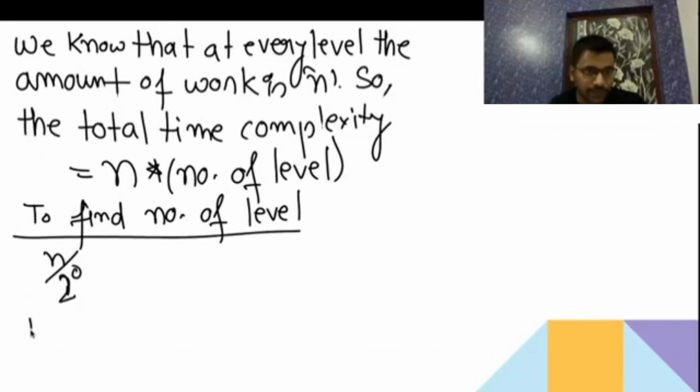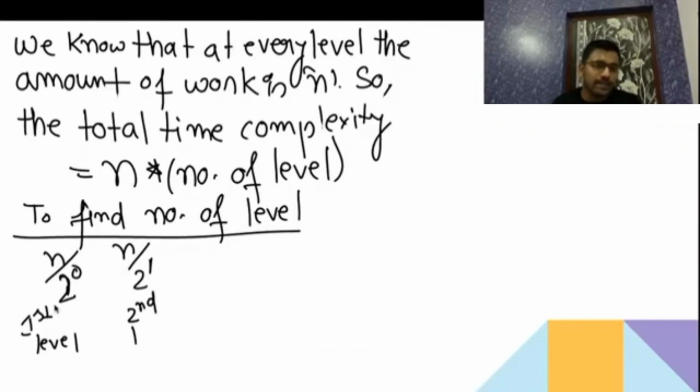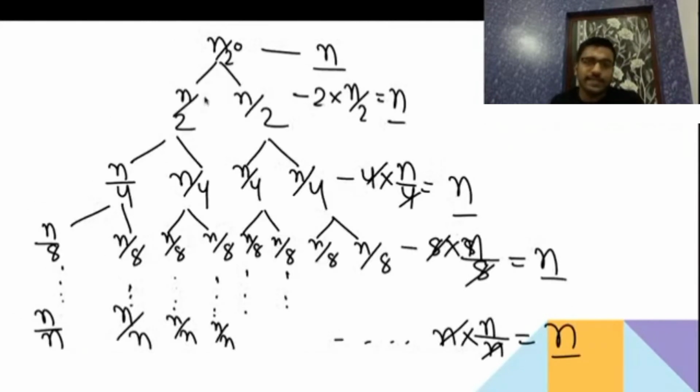Sometimes this is called level 0, it depends upon the book. Some consider it level 0, some consider it level 1. In the GATE exam they will specify whether to assume it as level 1 or level 0.